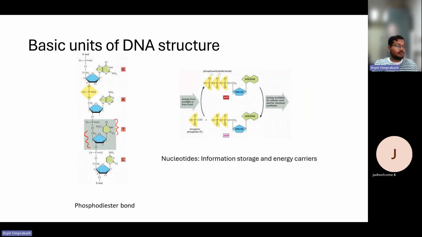In this case, it's a thymine, then an adenine, a guanine, and a cytosine. These are different nitrogenous bases that are attached to one carbon of the sugar. So we have a sugar, we have a nitrogen base, and the third component is a phosphodiester.